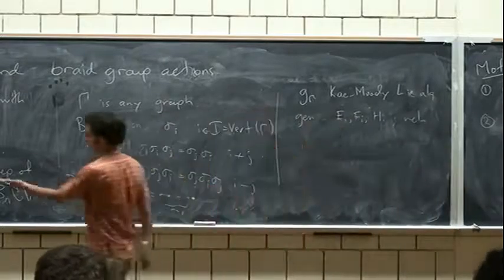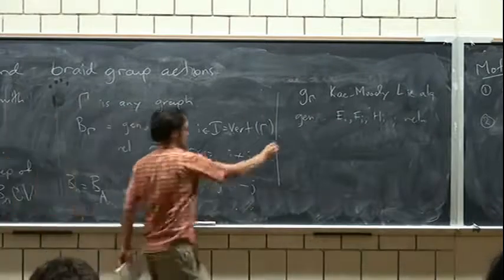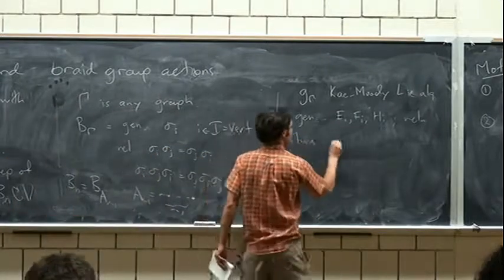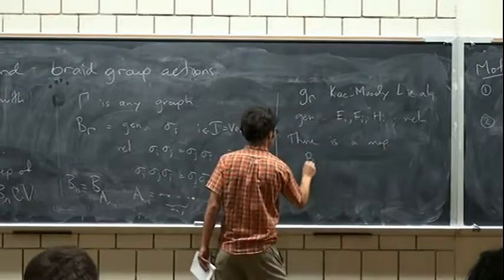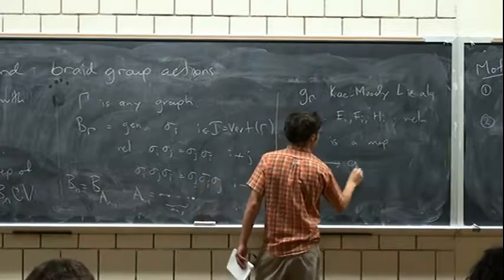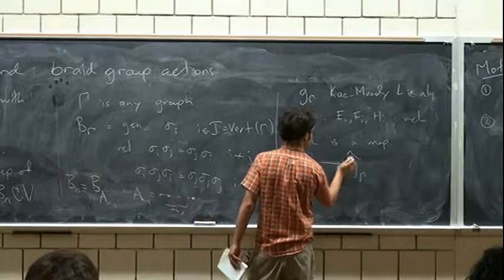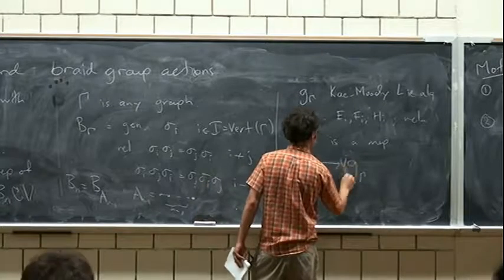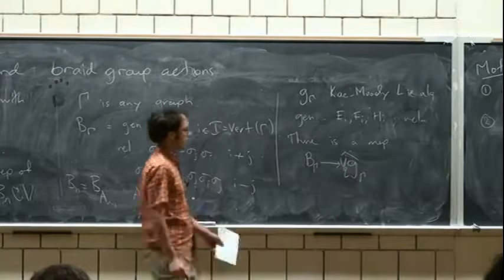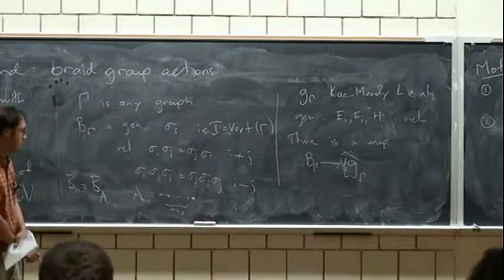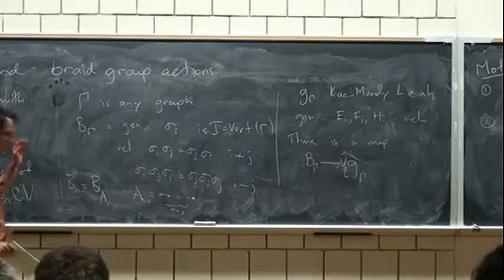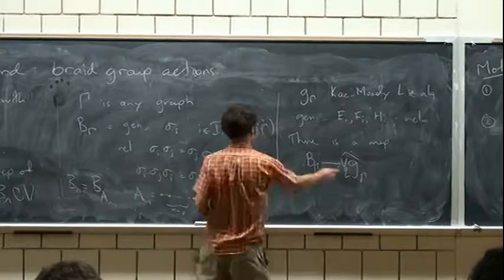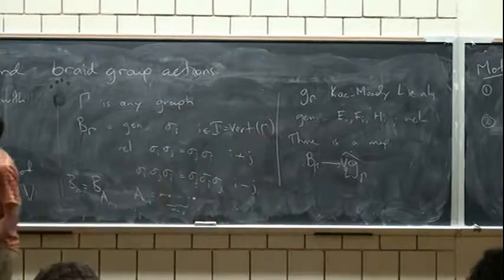The generalization of this map is a map from the braid group associated with gamma to a certain completion of the quantized universal enveloping algebra of the Lie algebra associated with gamma, which generalizes this. So this is a quick run through. I think this is due to Lusztig.